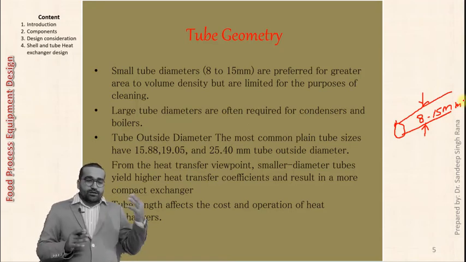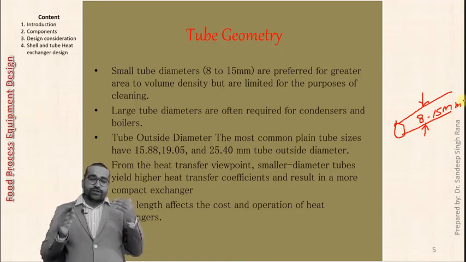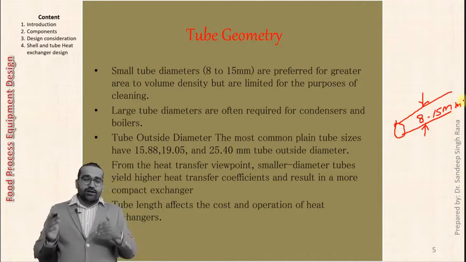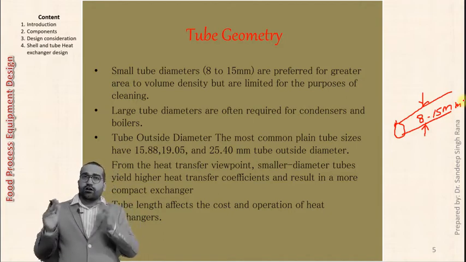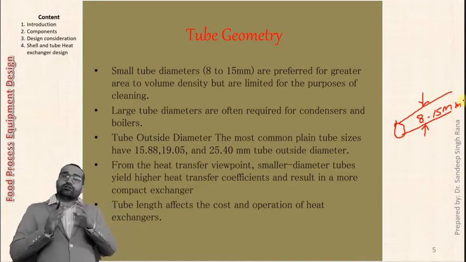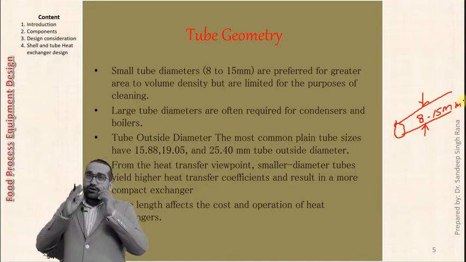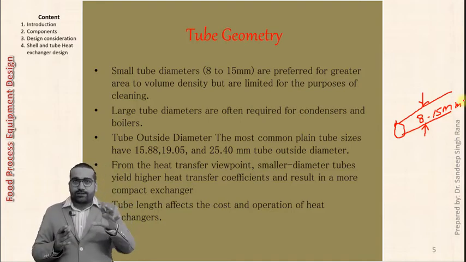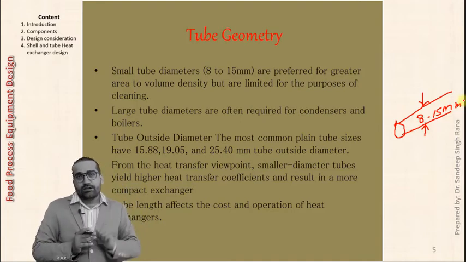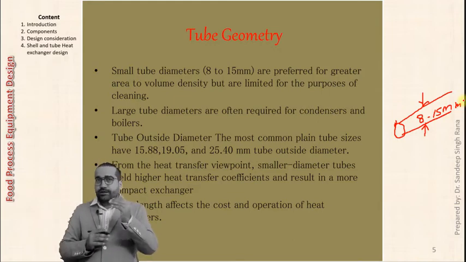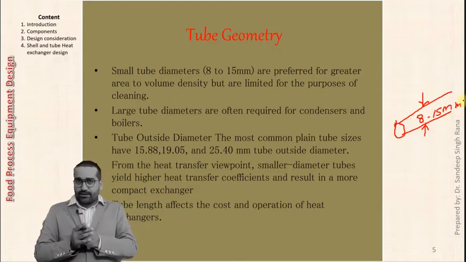So the tube thickness should withstand the internal pressure and have corrosion allowances. Why corrosion allowances or fouling allowances? Because we know that with time there will be fouling inside the tube or outside the tube because of the material flowing inside. Correct.